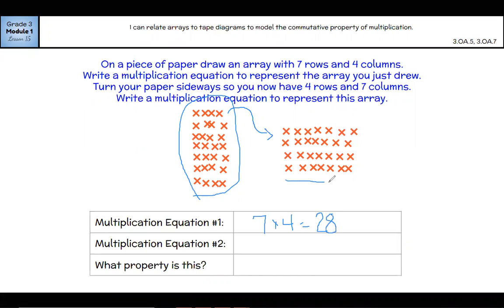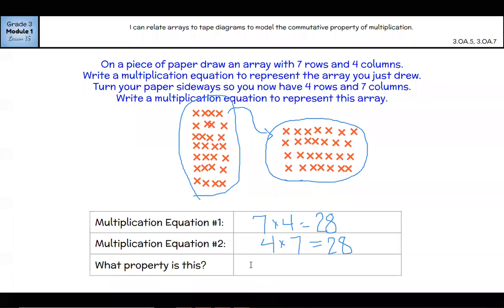If I were to look at this one, these are flipped now. I have 4 rows with 7 in each row. 4, 8, 12, 16, 20, 24, 28. I'm still going to get 28.